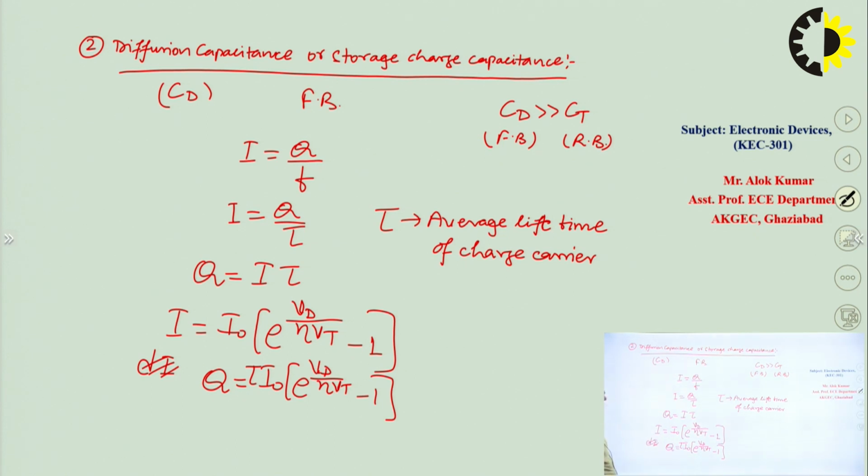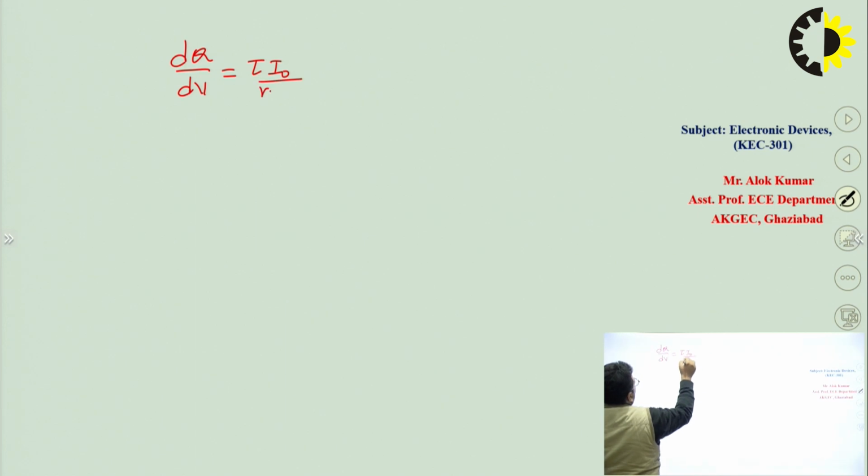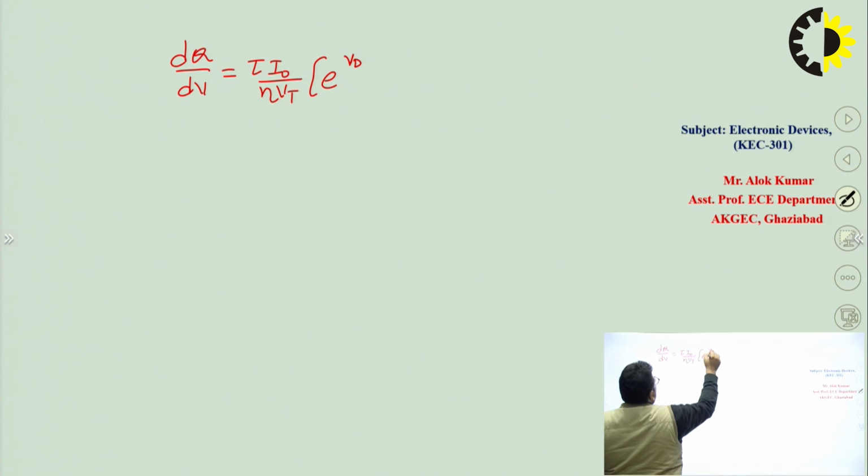Now if I differentiate this with respect to voltage, what will be dq by dv?